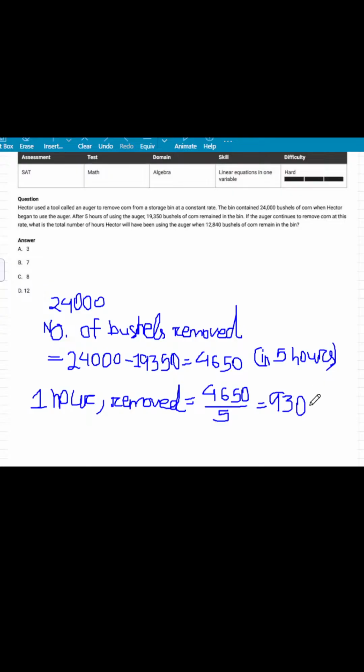So 930 bushels are removed in 1 hour. That means each hour 930 bushels are being removed.